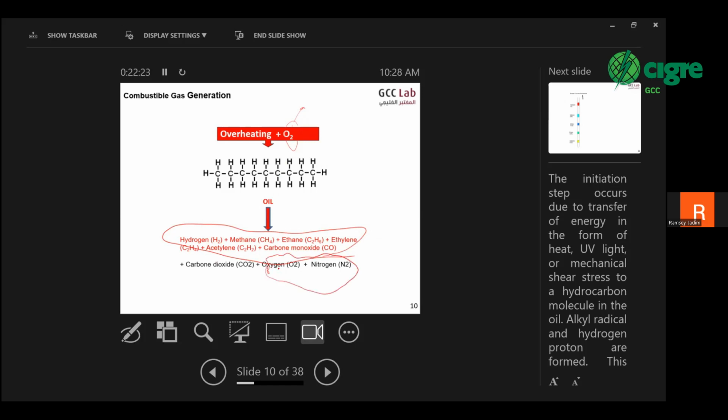Usually we see a special ratio between them, but if we see a decrease in the oxygen values, that means some oxygen has already been used in the fragmentation of the oil.